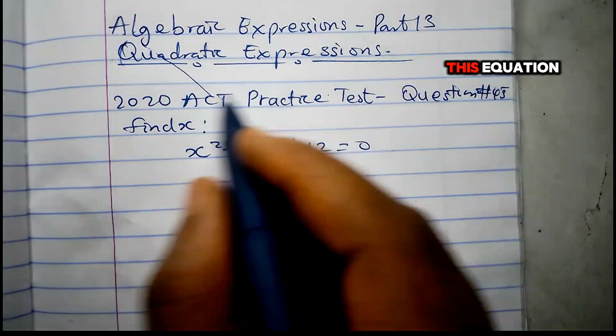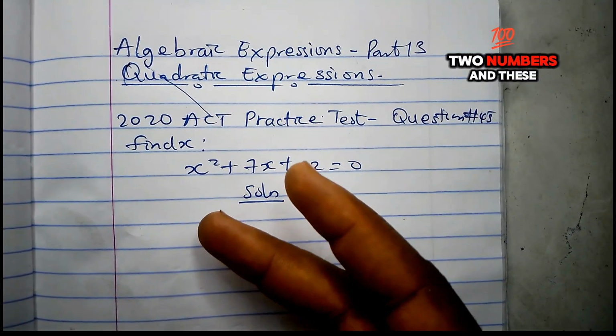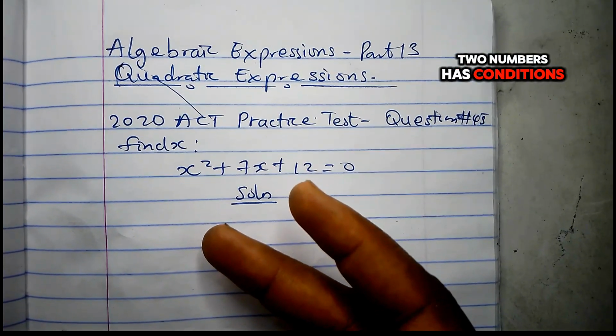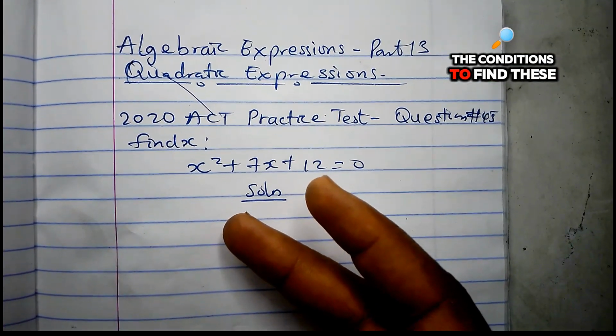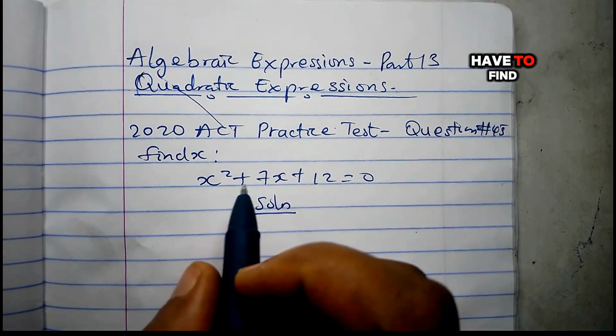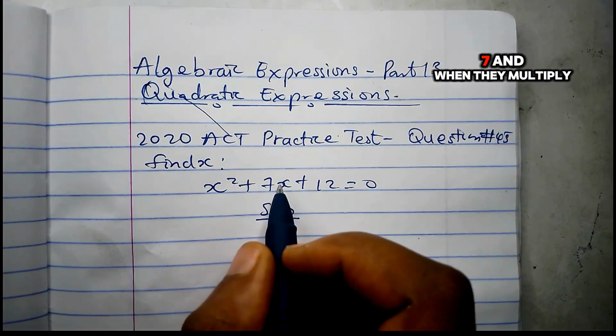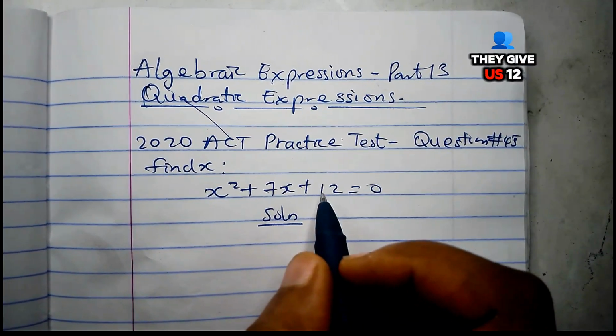In order to solve this equation, the first thing we're going to do is find two numbers, and these two numbers have conditions. What are the conditions? We have to find two numbers that when they add, they give us 7, and when they multiply, they give us 12.